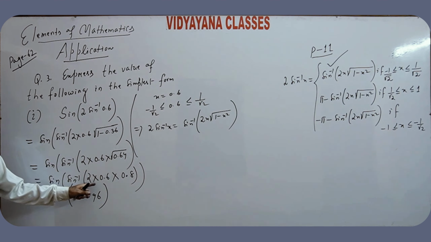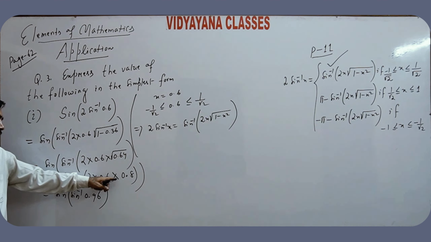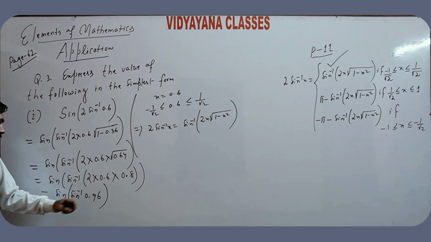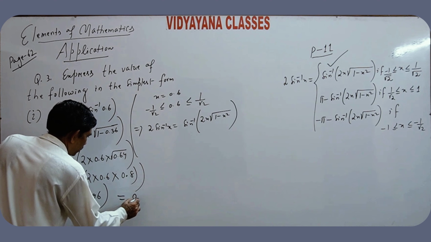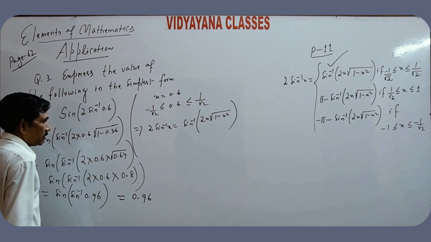Clear? 2 into 0.6 into 0.8, which gives 0.96.